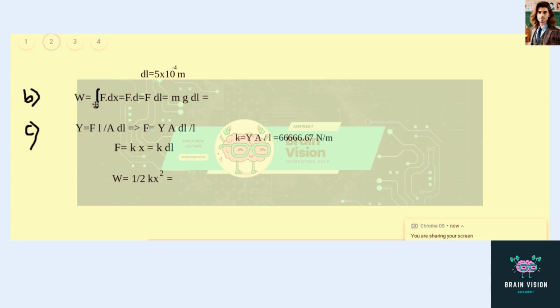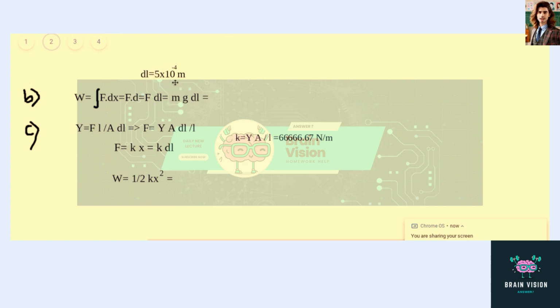Work done is basically given by the integral of F dot dx. Since my gravitational force is a constant, this equation then gives F dot d, where d is the displacement, and here this is the stretch in the wire. So we have F as mass times gravity and dl as this value.